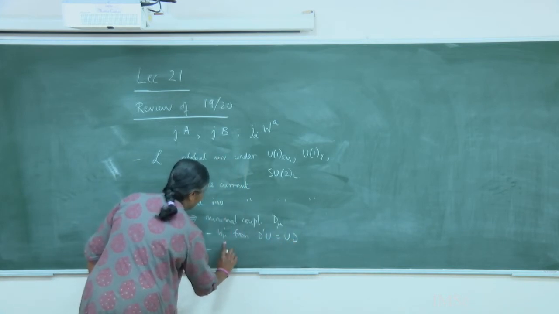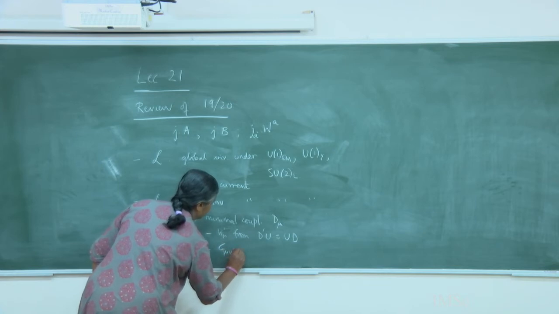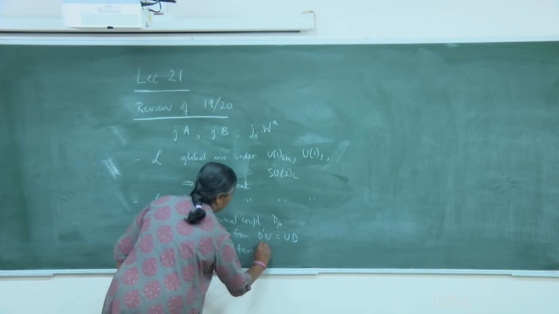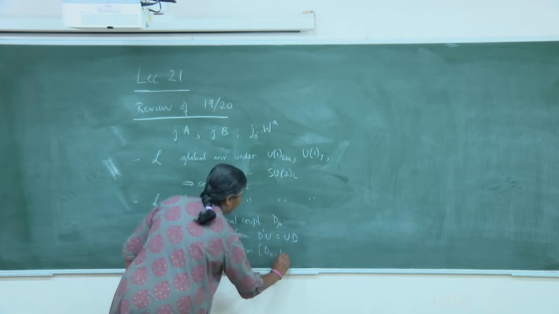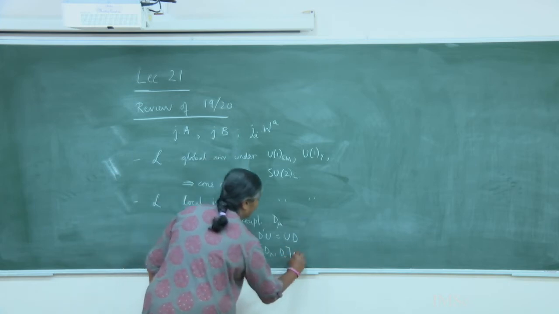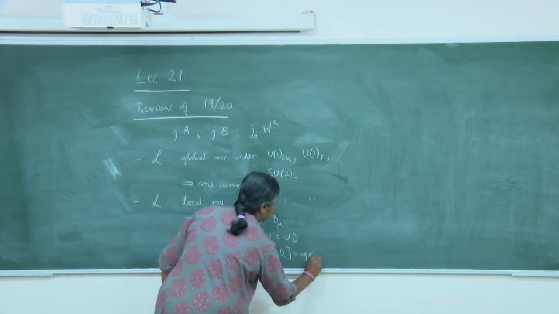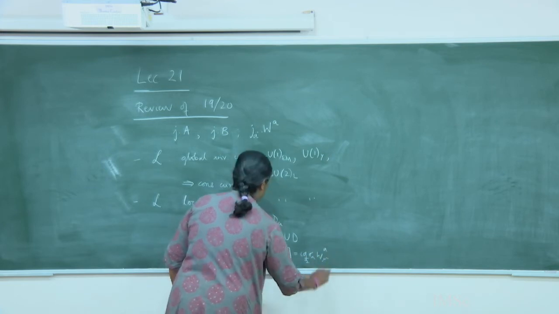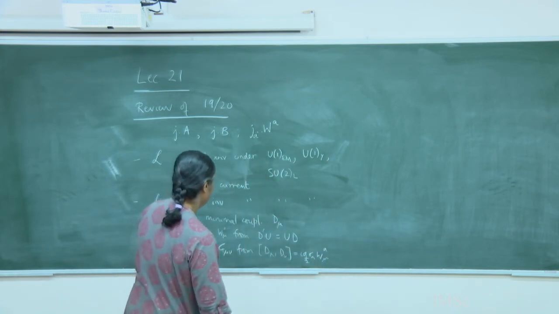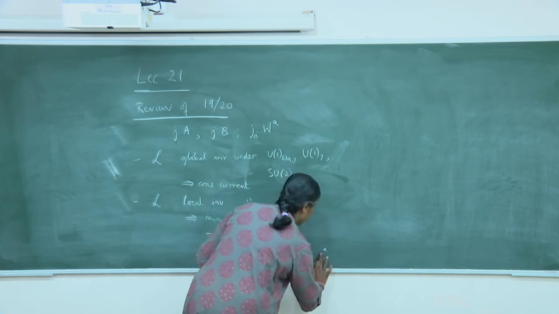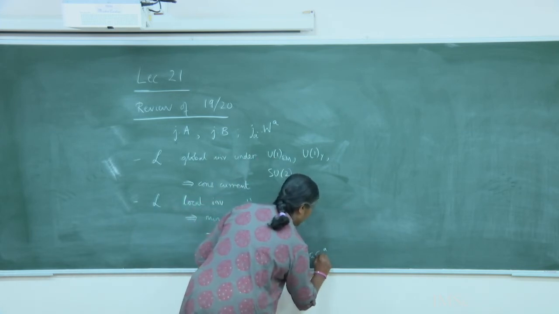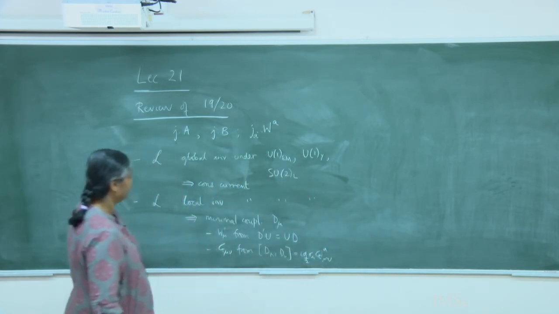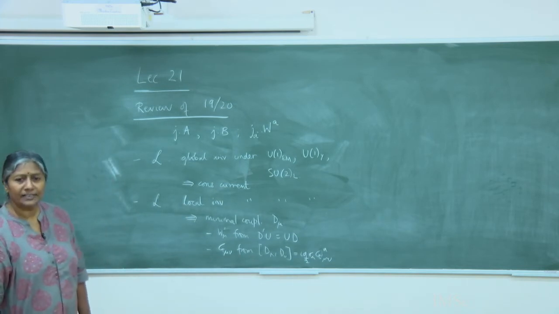Then we get G mu nu from d mu d nu is equal to Ig sigma a by 2 G mu nu a, sorry. That was the content of the course, right?